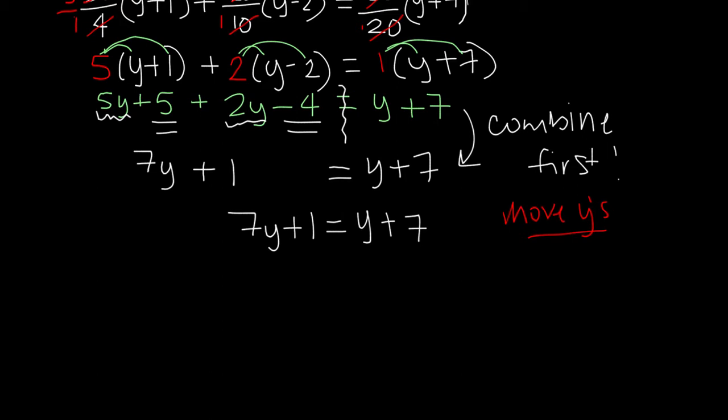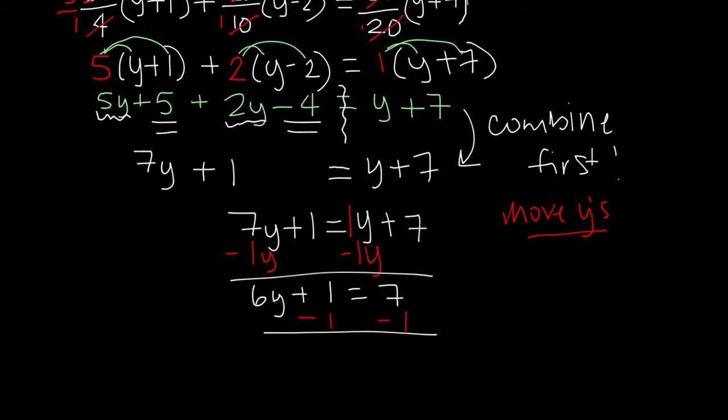And I usually like to move the smaller number, so right now this is 1y, so I'm going to subtract 1y from both sides. That would give us 6y plus 1 equals 7. And now that I have all of my y's together, now we can move this number, 1, and get 6y equals 6. And then last step is to divide by 6 on both sides and get y equals 1.